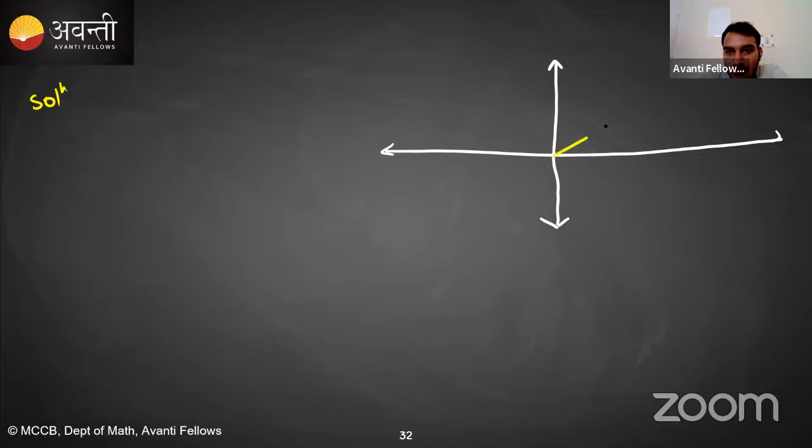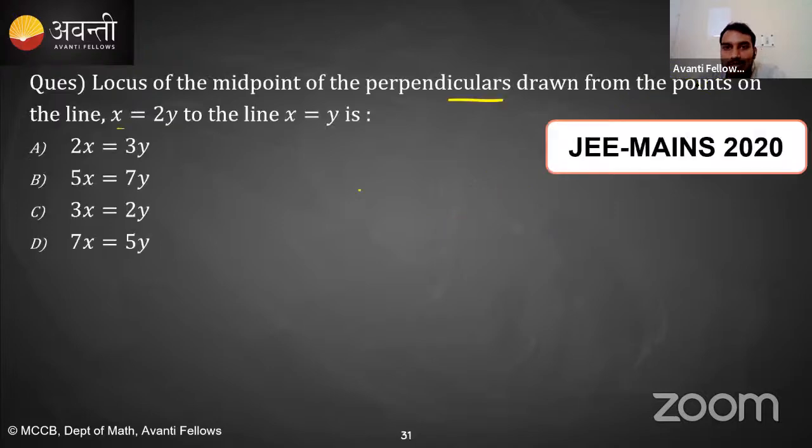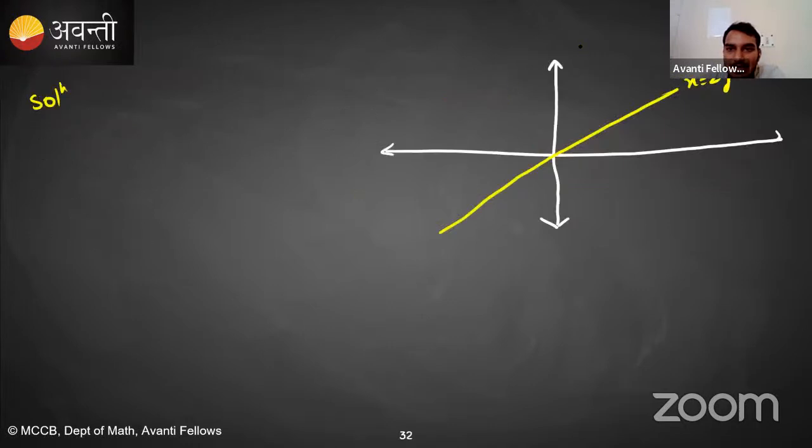So one line clearly will pass through the origin, no doubt about it, the line x is equal to 2y. Another line is y is equal to x, so the other line will have the greater slope. The line y is equal to x will come something like this, right? Okay, this is the line y is equal to x.